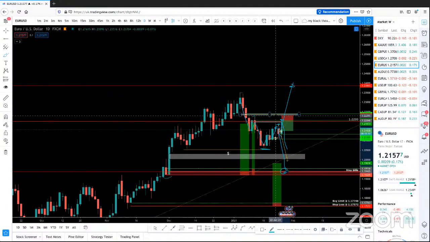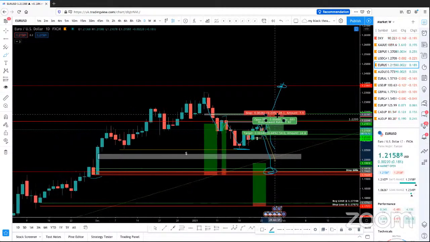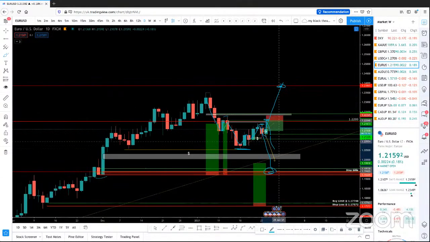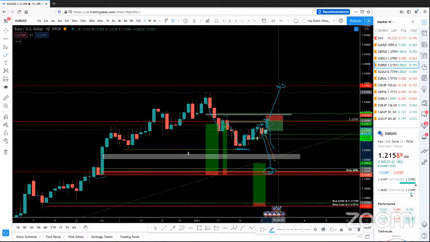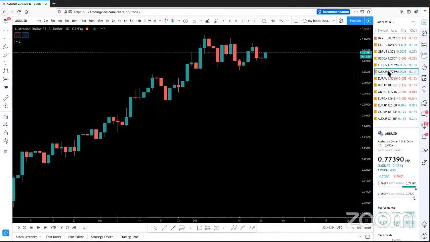So these are the two different scenarios that we could anticipate for now from Euro USD. At the moment the logical move is higher. Let's see what Euro USD is going to do, because it's all based on how the dollar index moves. Let's move on to AUD USD.